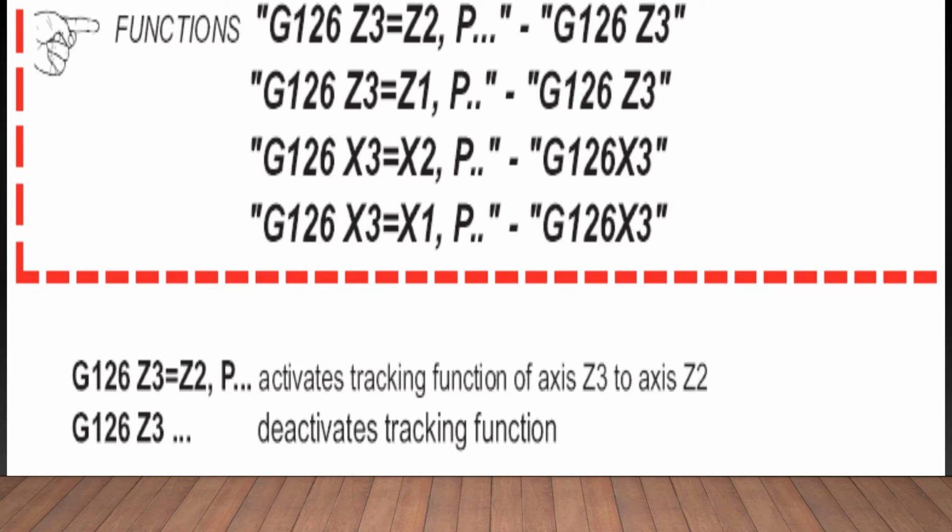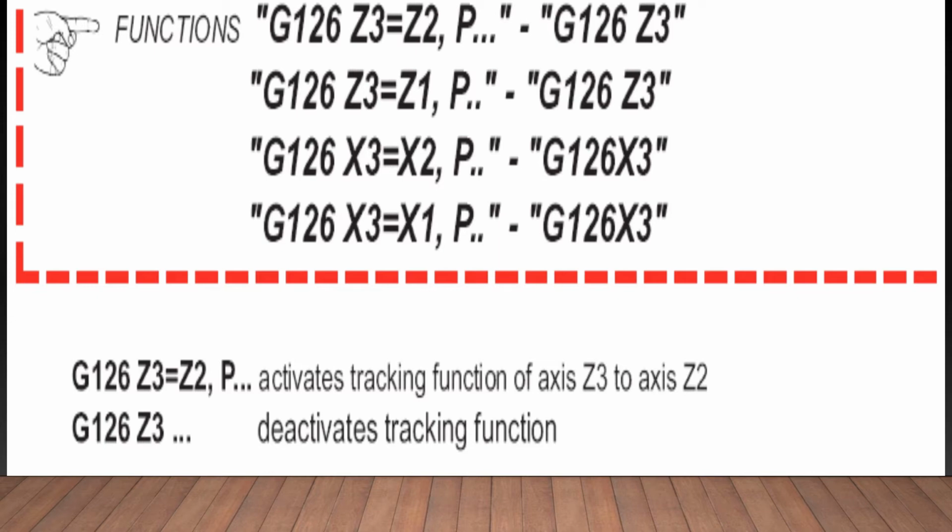In other words, every time Z2 moves, Z3 will move in conjunction with it. Even though it's programmed to different depths, different feeds, different speeds, it will keep those two tied together. So every time Z2 moves, Z3 moves accordingly.